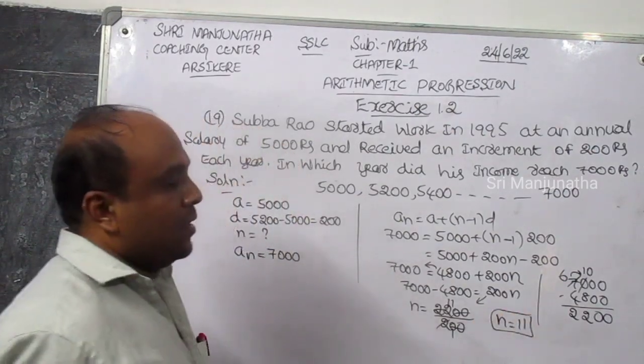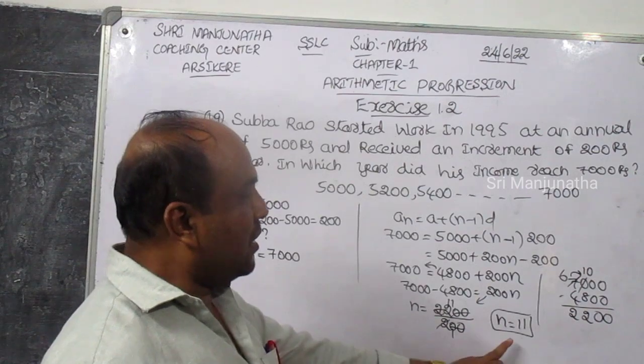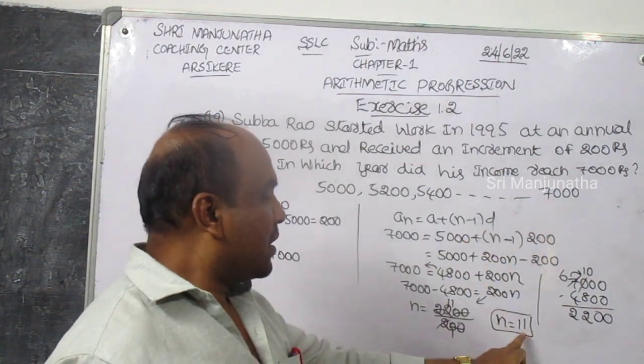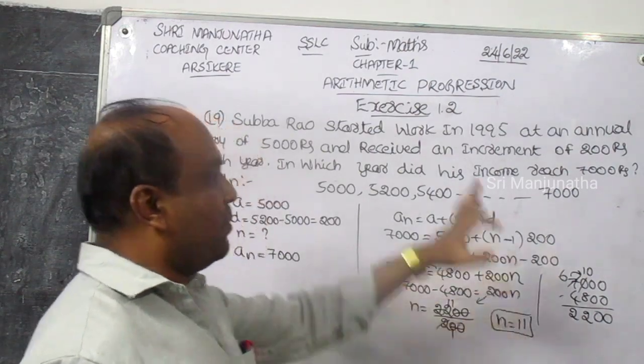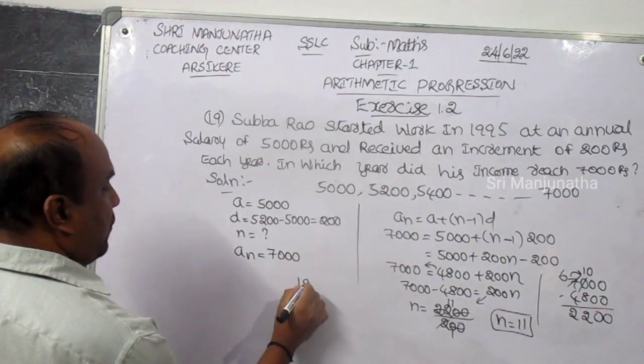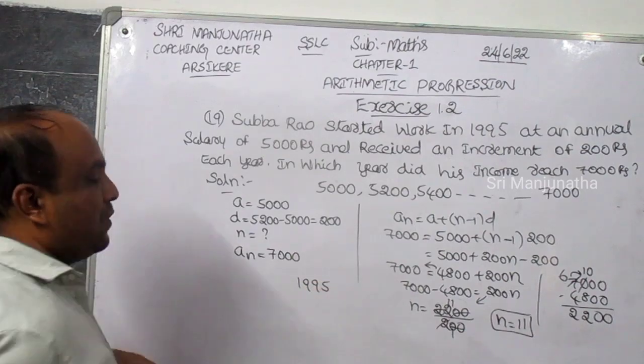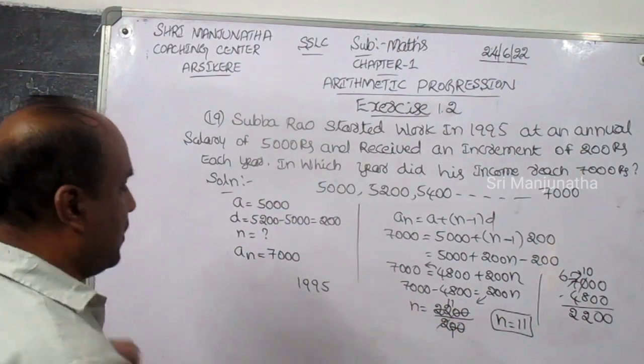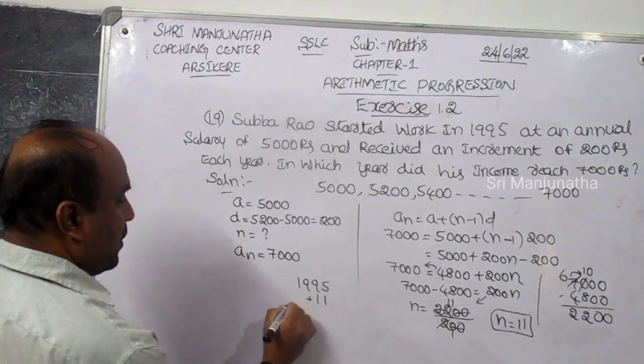11. Okay. In which year do we get a 7,000 rupees salary? In the 11th year. In 1995, he took a salary of 5,000 rupees. Add this 11 to this year, what happens?